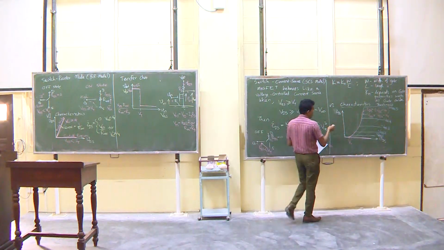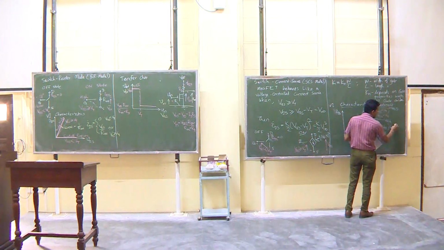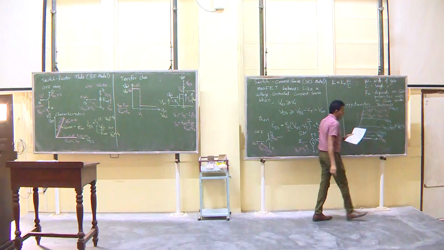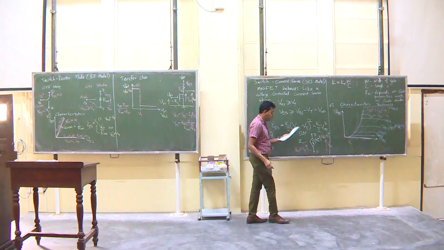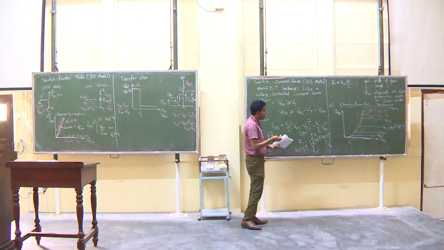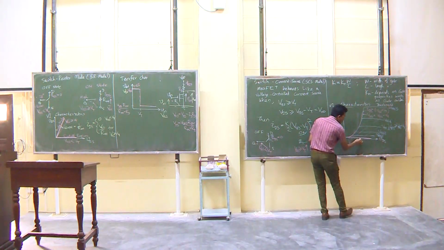And for this region, VDS is greater than or equal to VGS minus VT, the overdrive voltage. This region here is the cutoff region that we have been knowing, right?